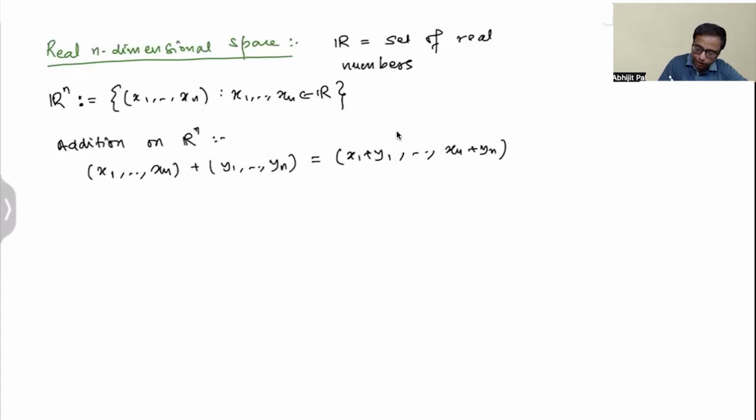And then you have the scalar multiplication on Rn.